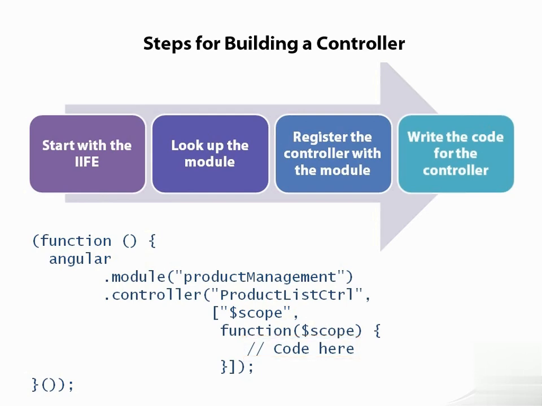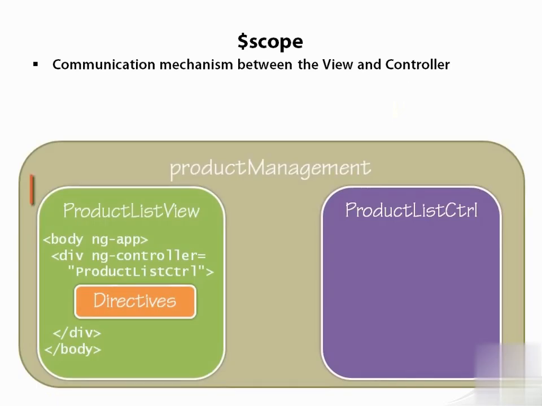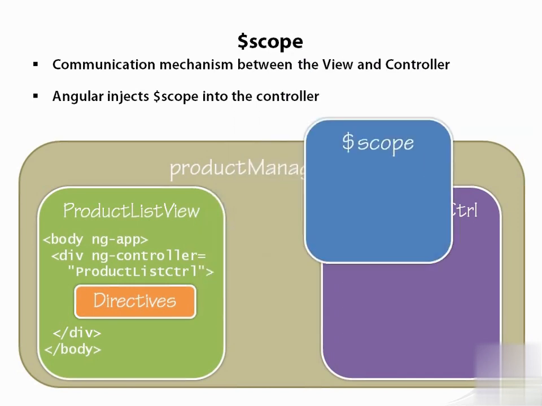Before jumping into the code for the controller, let's talk more about the controller parameter, $scope. $scope is a built-in Angular object that provides communication between the view and the controller. In this diagram, the view is shown on the left, and the controller is here on the right. By defining $scope as a parameter to a controller function, Angular injects the built-in $scope object into the controller, something like this.